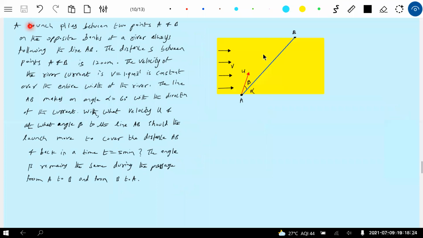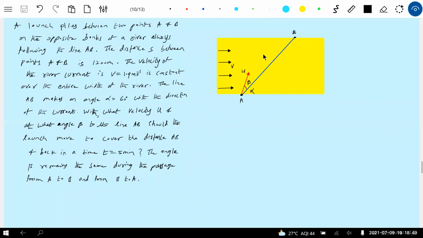A launch is usually used on a busy route where the number of passengers to be carried is more. I think in some movie, I don't know. You call it a launchy, no? If you go to Godavari Krishna district, that's a launchy. They call it the launch only.